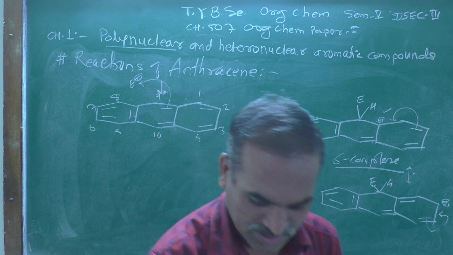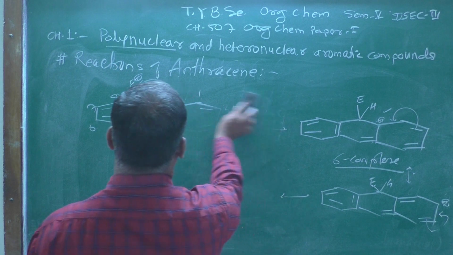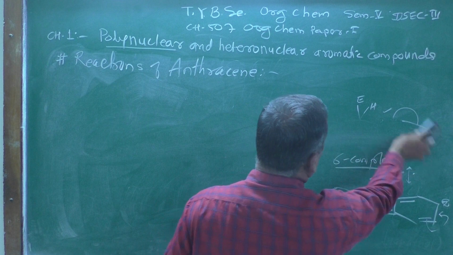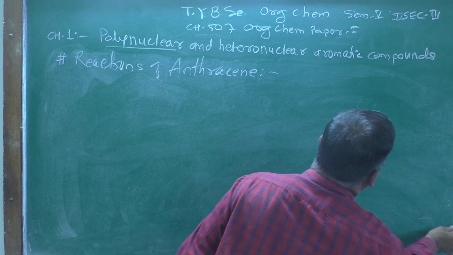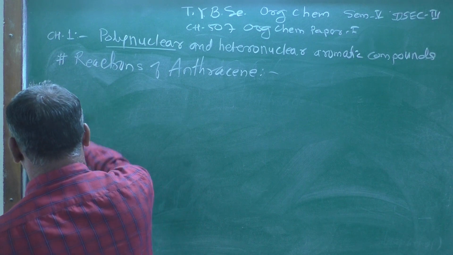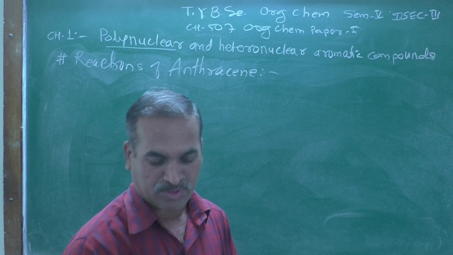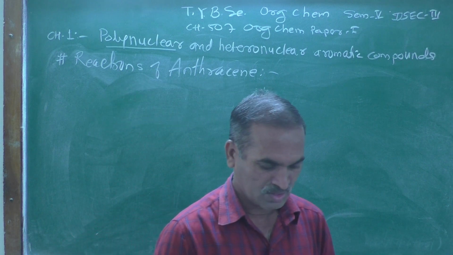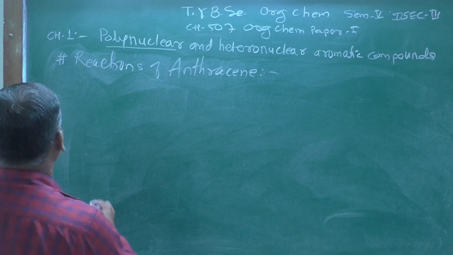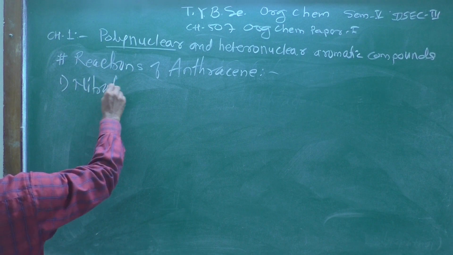Now let us see the electrophilic substitution reactions, which anthracene undergoes most readily, and that I am going to show over here. See the electrophilic substitution reaction shown by anthracene, because anthracene is an aromatic compound and therefore it shows the reaction. One is nitration.